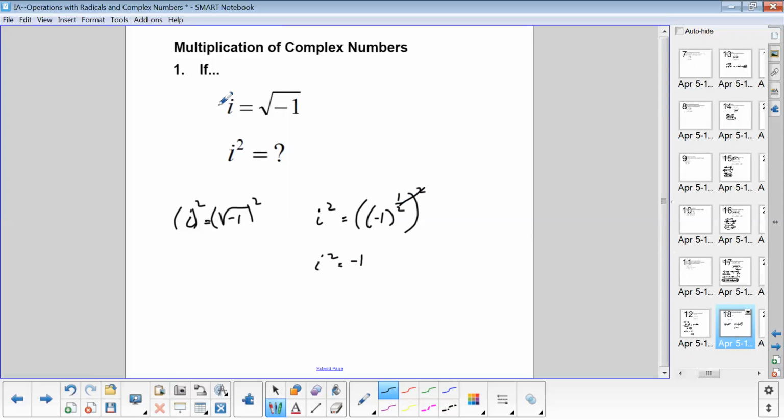So if i is the square root of -1, then i squared is equal to -1. So we're going to use that idea to simplify.